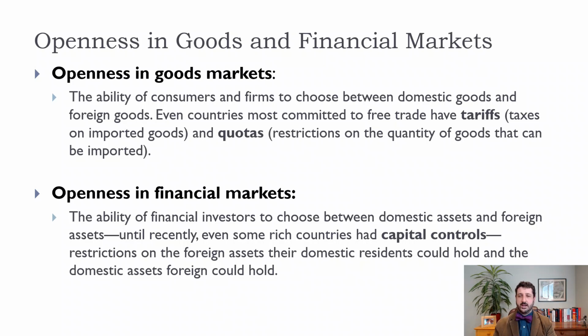Tariffs were one of the main ways that the federal government raised revenue in the beginning of the United States of America. Now tariffs and quotas are put in mostly to protect domestic industries. And so we'll talk about when it is a good idea to try to protect domestic industries, and when it is going to backfire and not really benefit the economy as a whole.